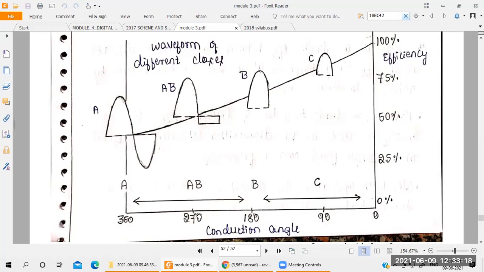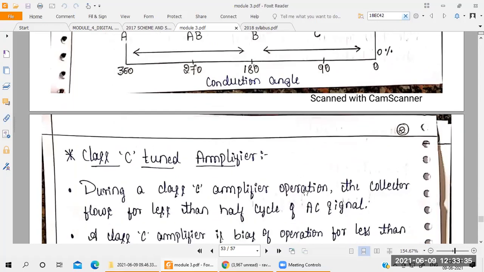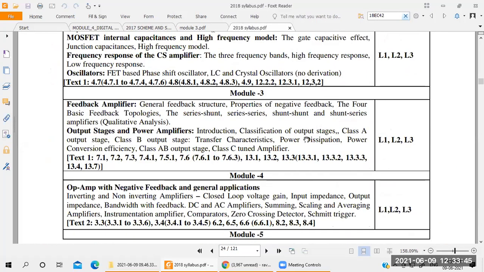Class AB has 270 conduction angle, efficiency is 50%. Class A is 25%, with 360-degree conduction cycle. Understood? For the next class, we start with the class C tuned amplifier. Here you can change the waveform.